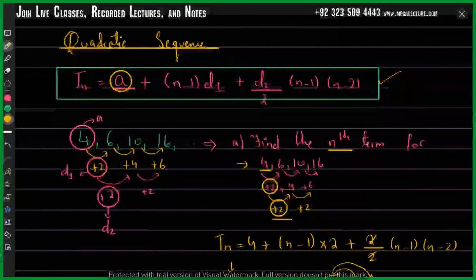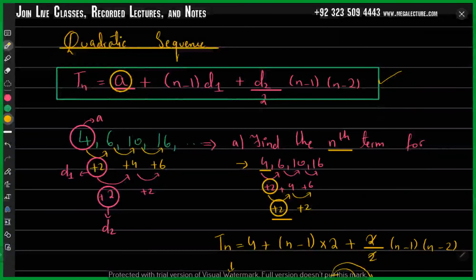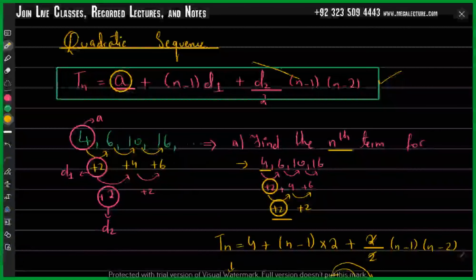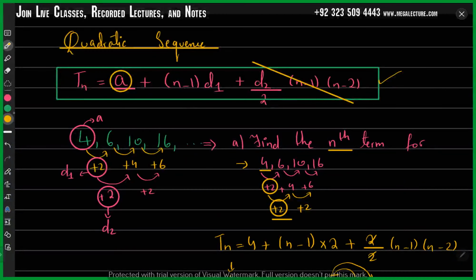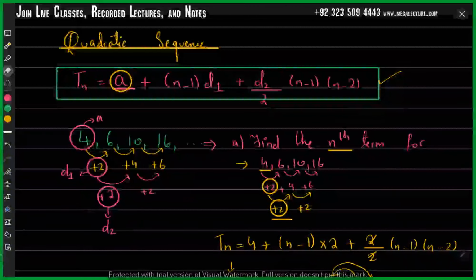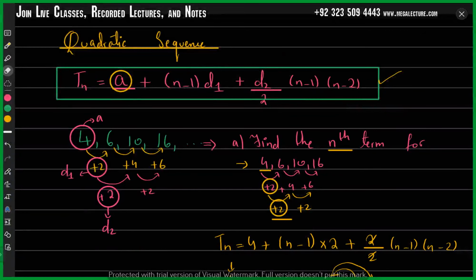So I would suggest you guys go with this one because everything is in terms of a, d, n, and this would make it easy, right? You already would be memorizing this part of the formula for arithmetic sequence and you're only supposed to memorize this extra part, so it's fine. It's d2 by 2 into n minus 1 into n minus 2, right? So this is the formula. That formula also exists, you are right, but in that case you would have to find b and c first and that would make it equally difficult.